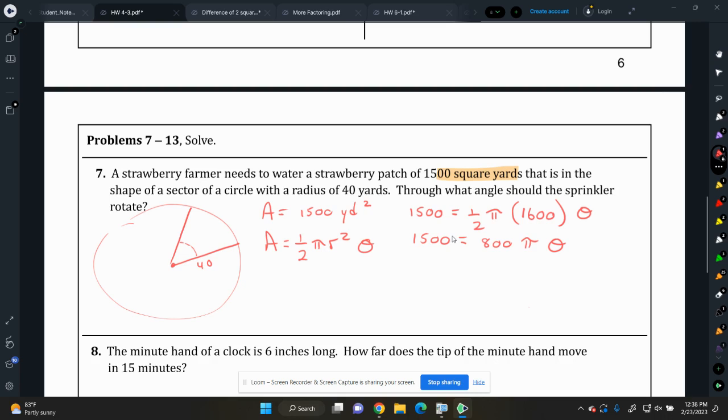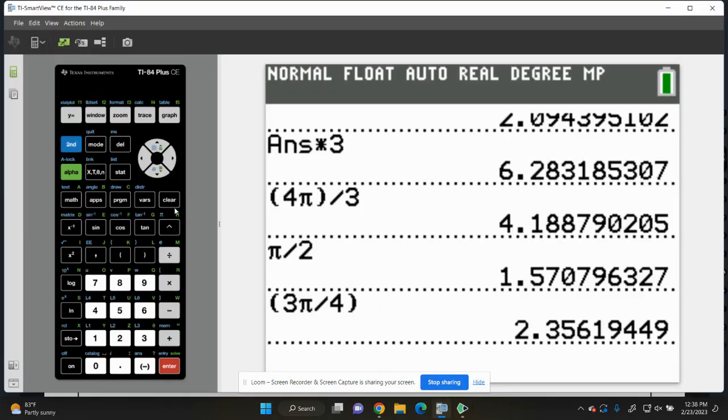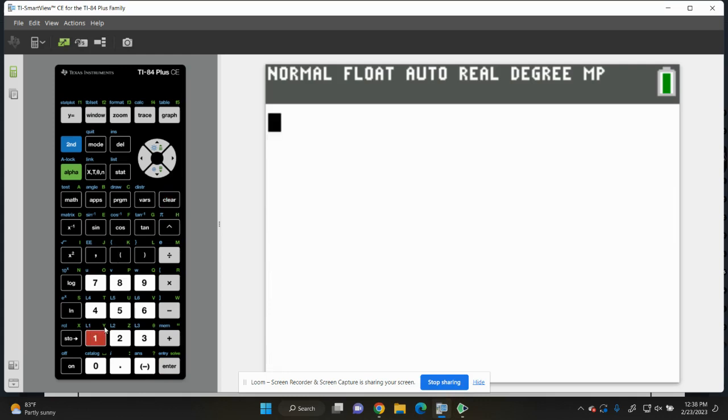Okay, so we've got theta equals 1,500 divided by 800 pi. We're going to do that on our calculator, and again, I'm going to be careful with my parentheses.